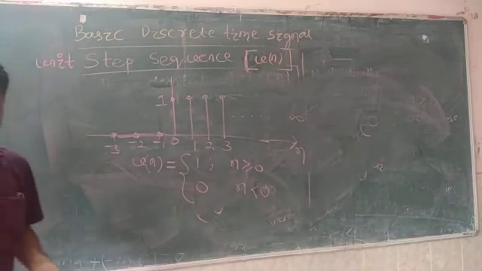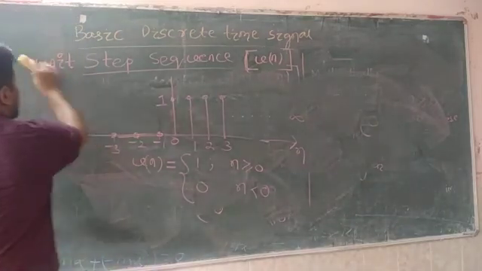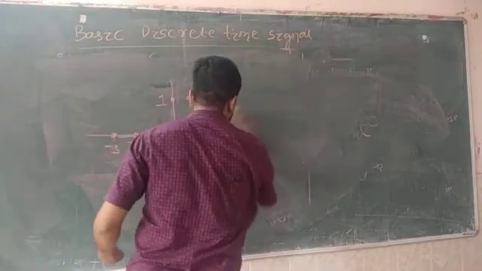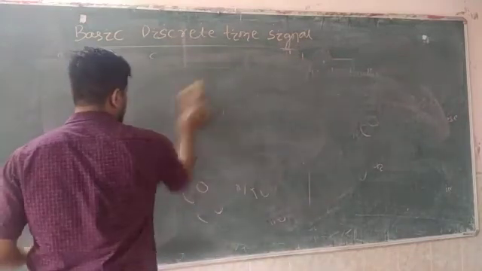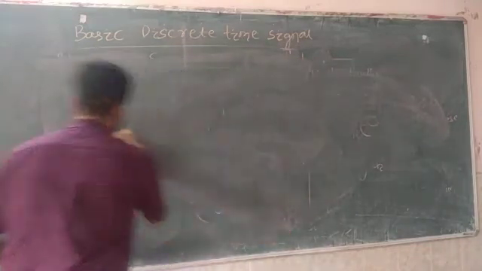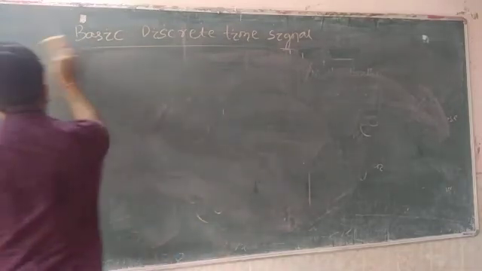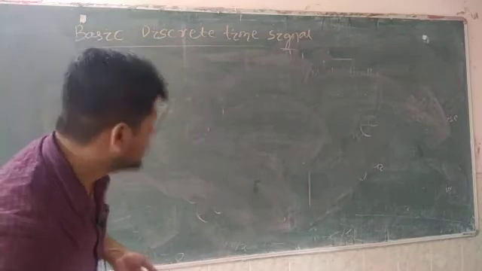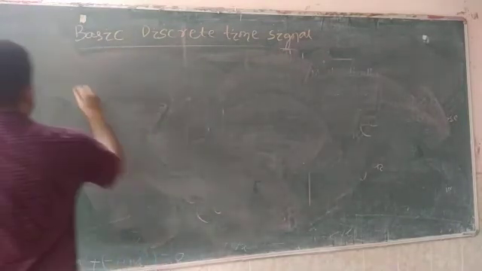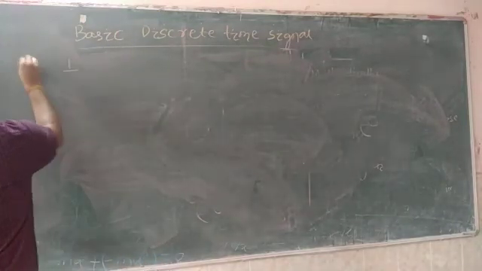So next, which is very, very important, second one is, you have to remember, both graphically as well as mathematically. So these are all infinite sequence signals. Then we have impulse.